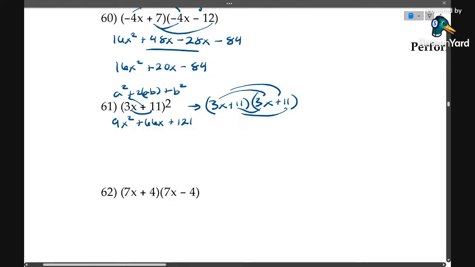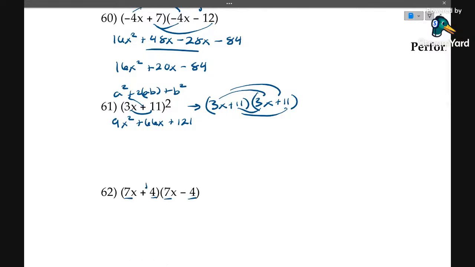When we have the same terms, but a plus and a minus, that's another special product that ends up giving us the difference of squares, because the 7x times negative 4 and the 4 times 7x, those two terms are going to cancel out when we add them. So we don't really need to concern ourselves with that multiplication.